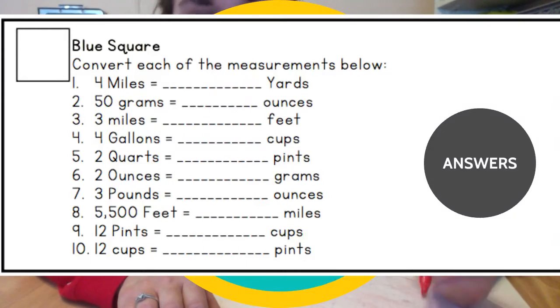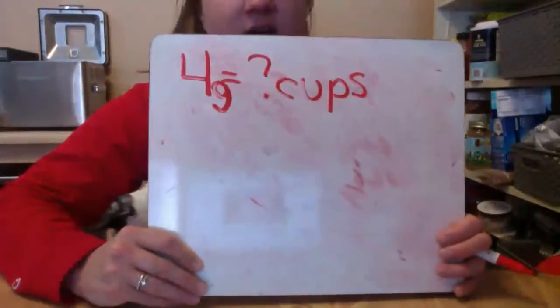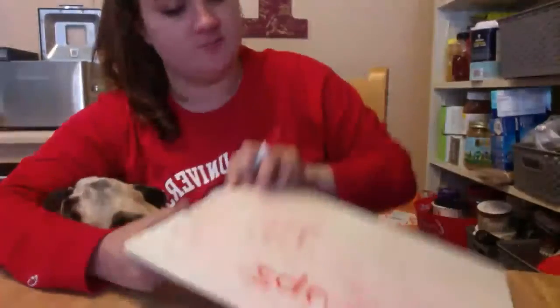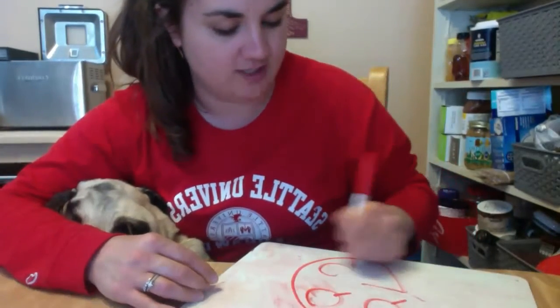4 gallons equals how many cups? So from our kingdom of gallon, we know that there are 4 quarts. Let's actually draw it out. In our kingdom of gallon, there are 4 queens or 4 quarts in 1 gallon.